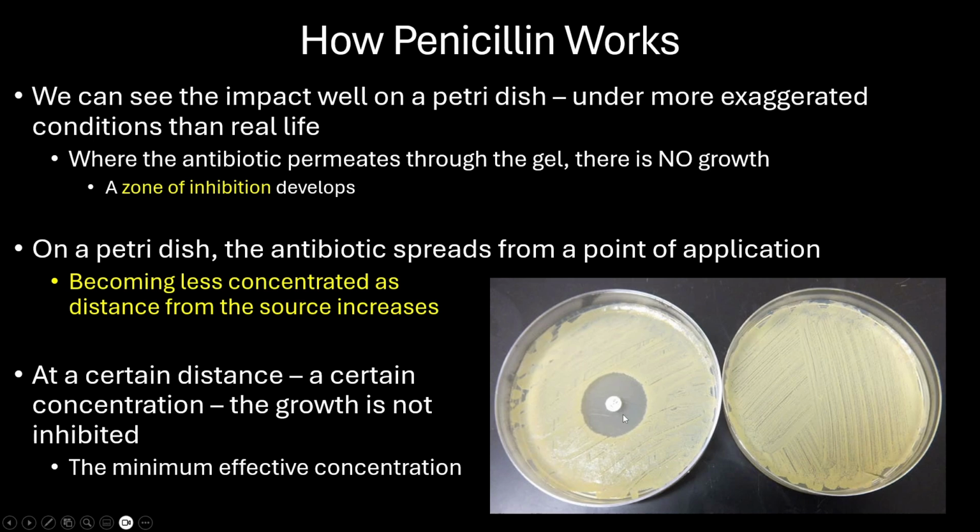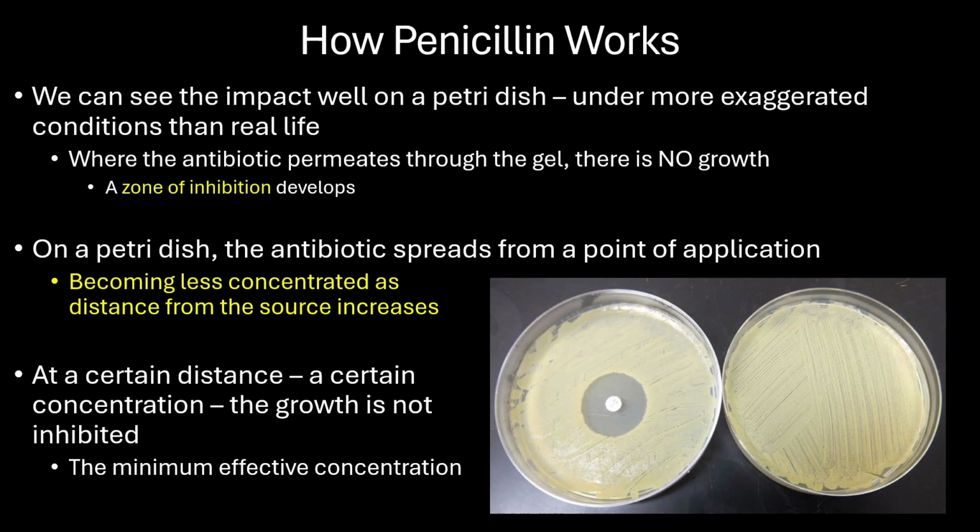between where the bacteria can grow and where it cannot grow. On a petri dish, the antibiotic, when we apply it, spreads out from the point of application. It spreads through the gel, diffusing through it, moving as always with diffusion from a point of high concentration at the site of application to a point of low concentration further and further away from that point of application.